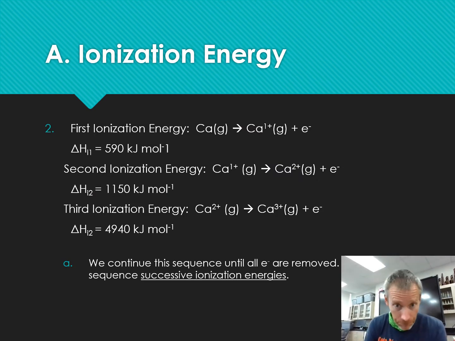So you can see here a breakdown of ionization energy. It increases almost twice, but then it increases almost 4 times from the second to the third. And you'll see as you continue taking off electrons, the energy is going to get greater and greater. But that big jump between 2 and 3 here is important.